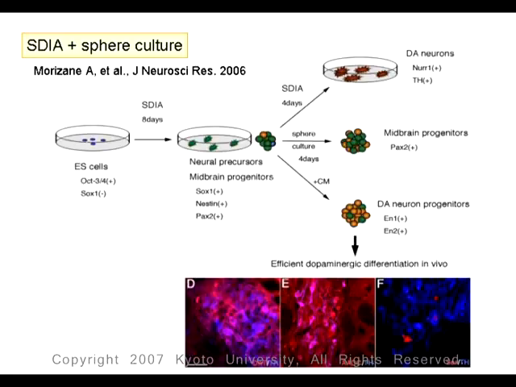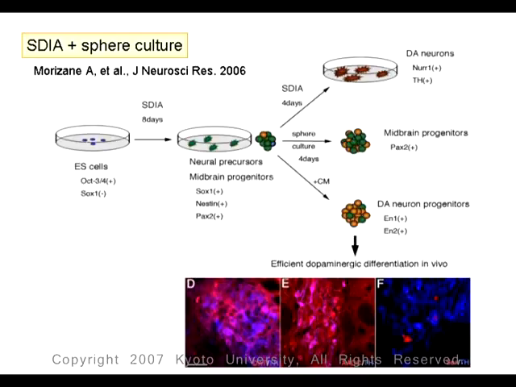In about 8 days, ES cells differentiate into neural precursor cells or midbrain progenitors on the PA6 cells. If you continue the culture on PA6 cells, in about 2 weeks, these cells become mature post-mitotic dopaminergic neurons expressing Neu1 or Th.